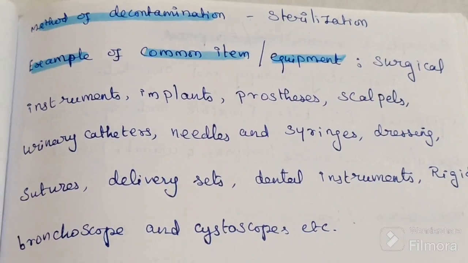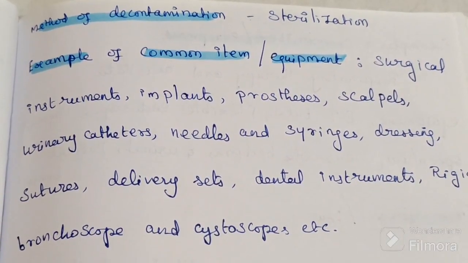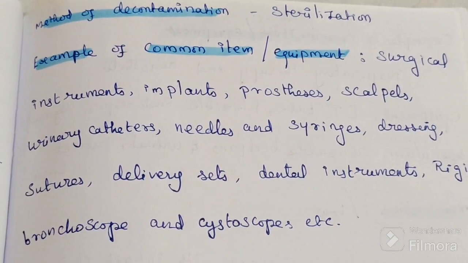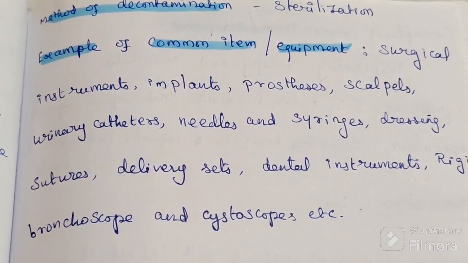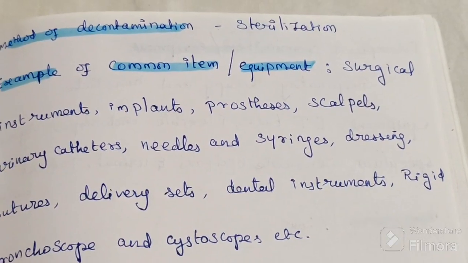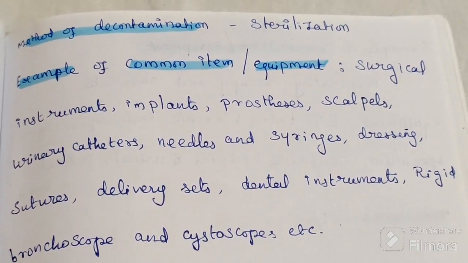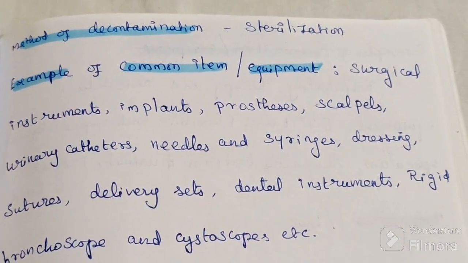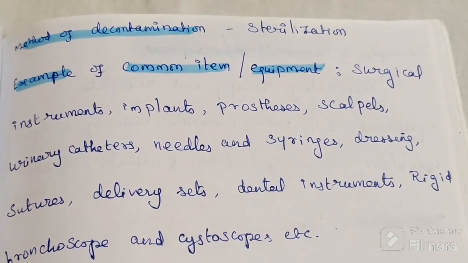Surgical instruments, implants, prostheses, scalpels, urinary catheters, needles and syringes, dressings, sutures, delivery sets, dental instruments, rigid bronchoscopes and cystoscopes, etc. Any instrument entering sterile tissue or the vascular space is considered a critical item and needs sterilization as the method of decontamination. So that is critical.